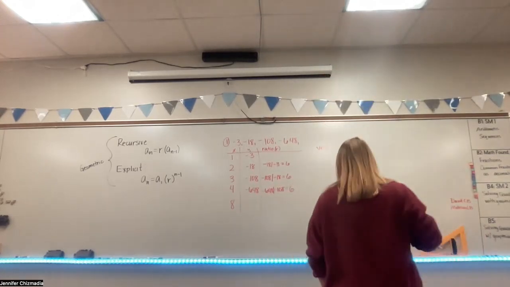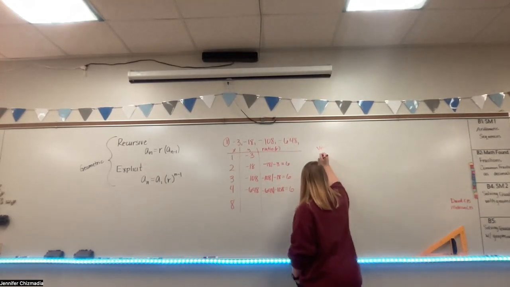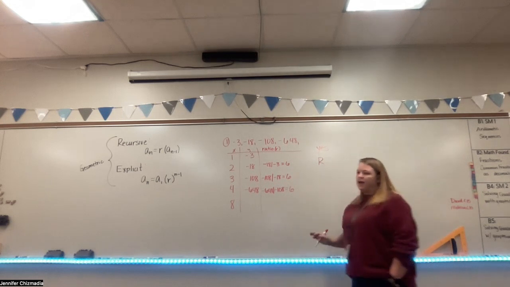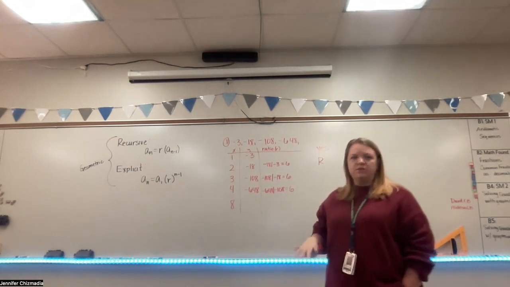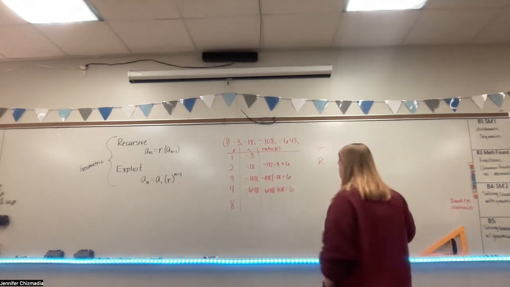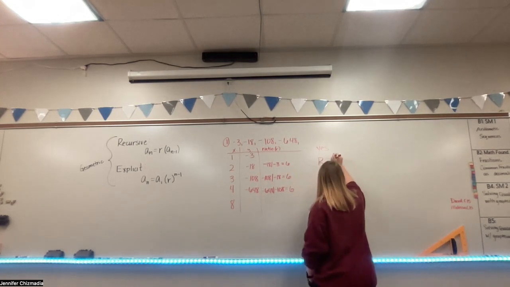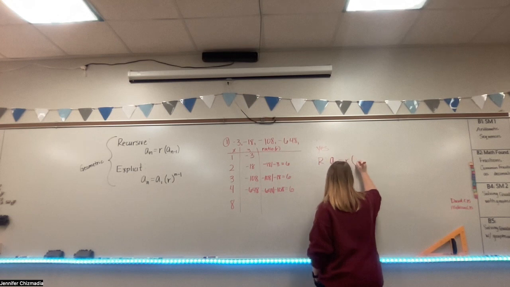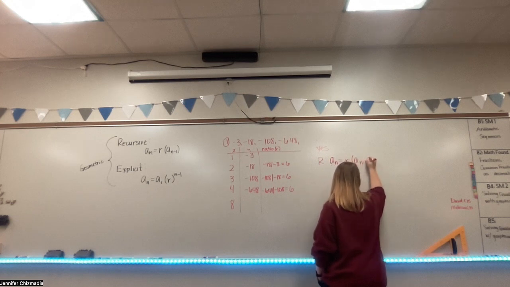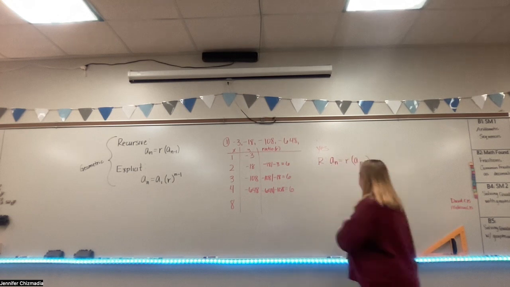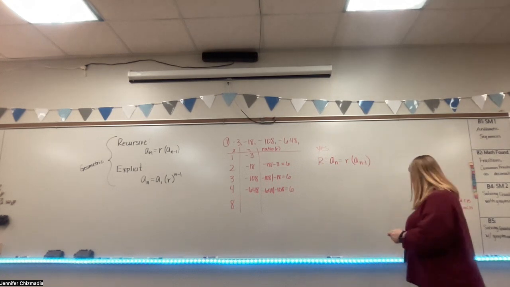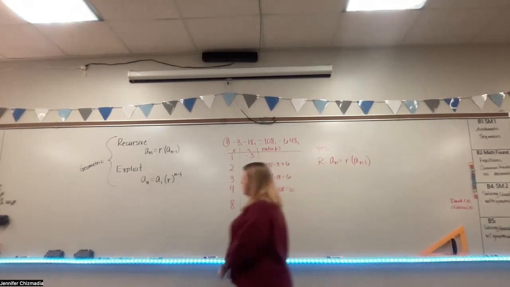All right, so yes, so now we're looking for our recursive formula. Okay, for demonstration purposes, I'm going to copy my magic formula straight over and then just replace the ones I need to replace. What do I need to replace in this? R. Anything else?